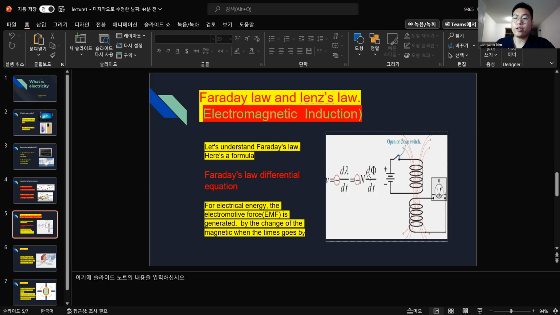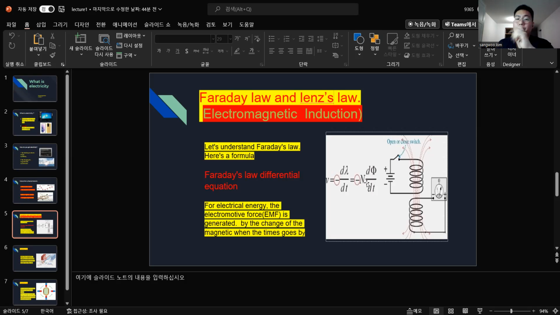Here's the equation, Faraday's law's differential equation. Actually, here you can see a minus. If there's a minus, it's Lenz's law. If we delete this minus, this is just Faraday's law. I'll explain it later and compare Faraday's law and Lenz's law. So the basic concept is that when the coil is rotating, induced electricity is made at the coil, the electromotive force.